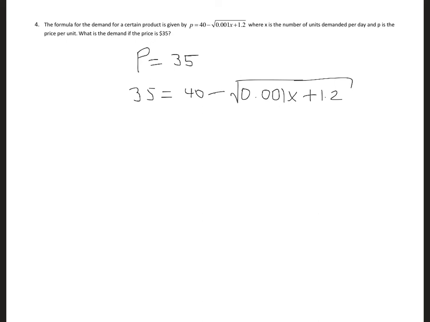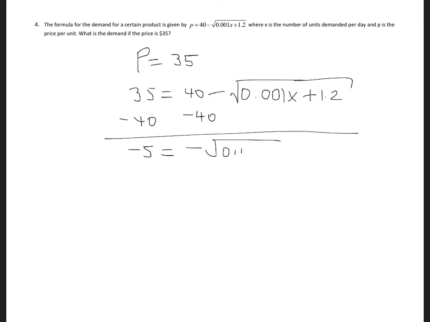So how do I do that? I'm going to subtract 40. I subtract 40, and then I get negative 5 is equal to negative square root of 0.001x plus 1.2.